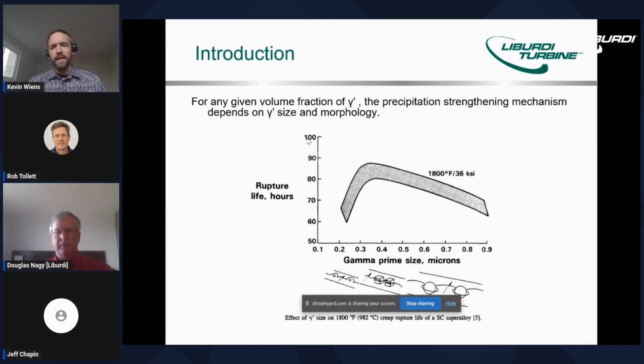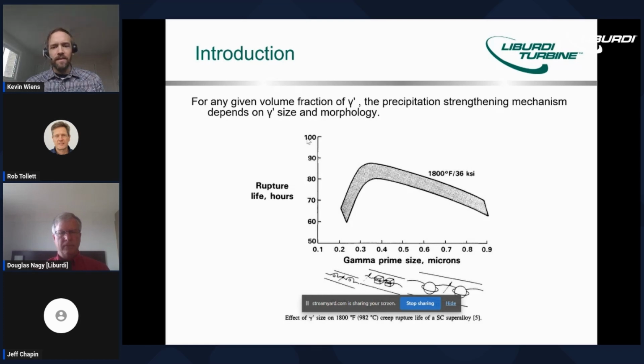But as the part continues to age in service, because it's in a high temperature environment, if it's a hot section turbine blade, that strength will slowly degrade over time as those precipitates grow larger and larger. The reason behind this has to do with the way that defects within the material interact with those precipitates and lead to deformation.